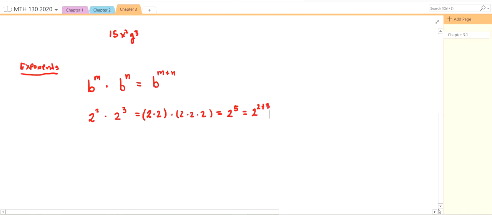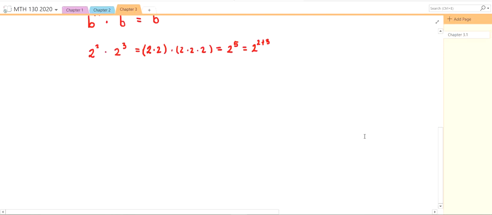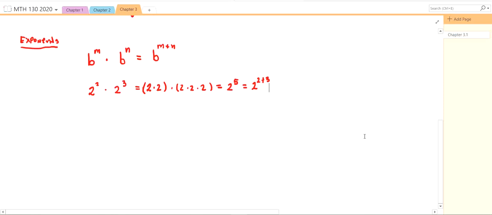Okay, this next idea goes beyond the scope of the section, but we may as well bring it up since we're here. So let's call this case 1. Suppose I have case 2, where I have b to the m quantity raised to the power n.